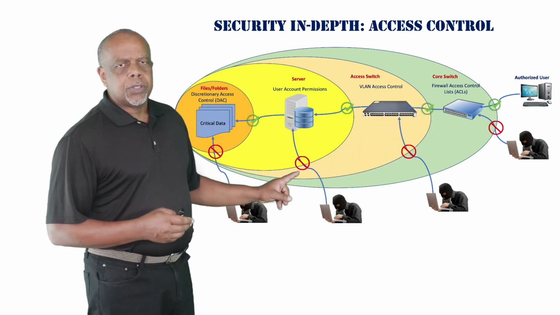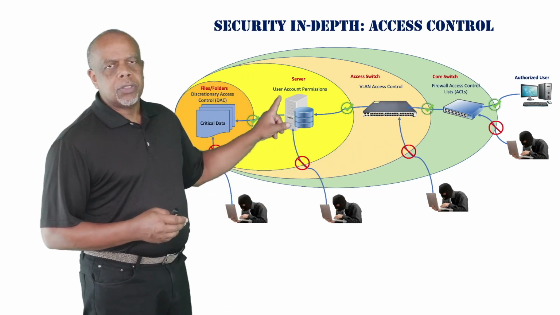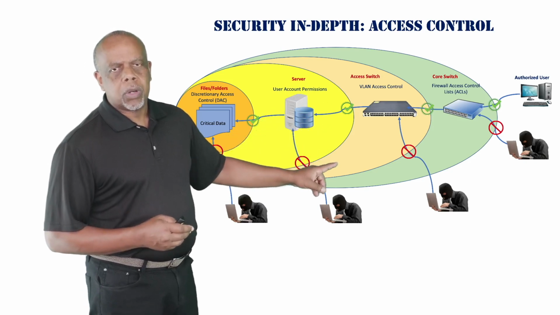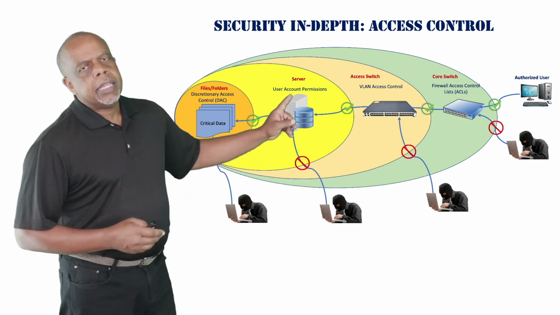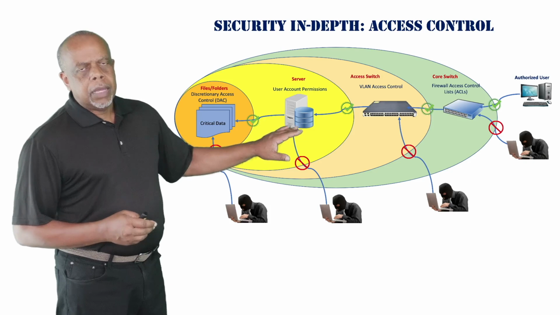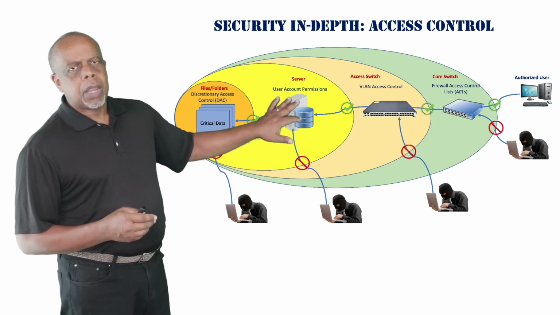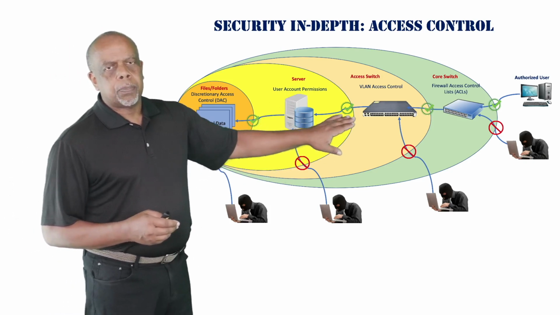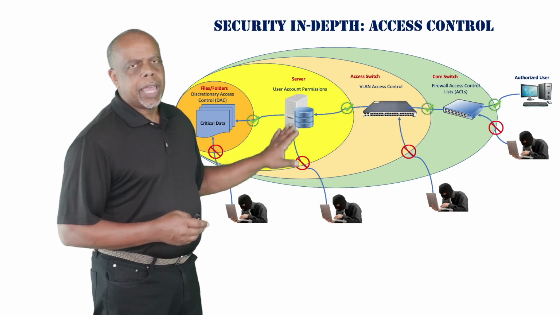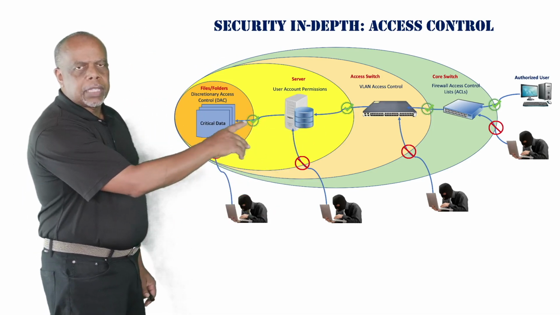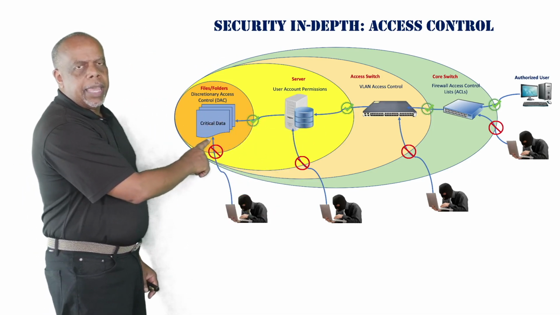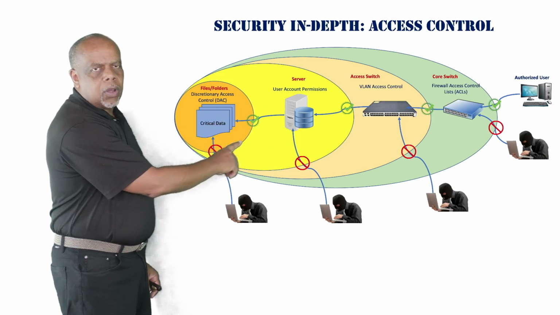I may have an individual that may even have rights on the same server. He's in the organization. He should be there. He's got an account here. So I can block them here as well, so that only the right individuals should have accounts. So even if they're there, has an account, still doesn't mean that they have access to all the files and all the critical data.